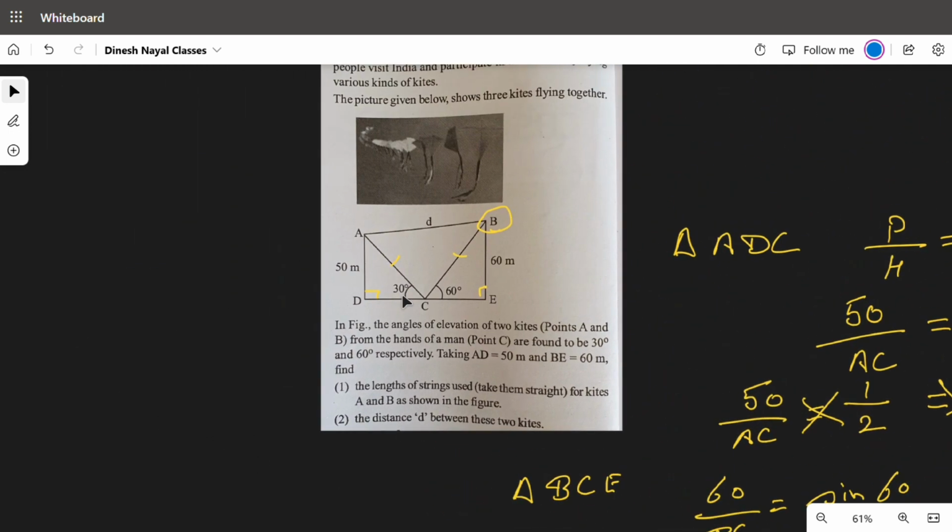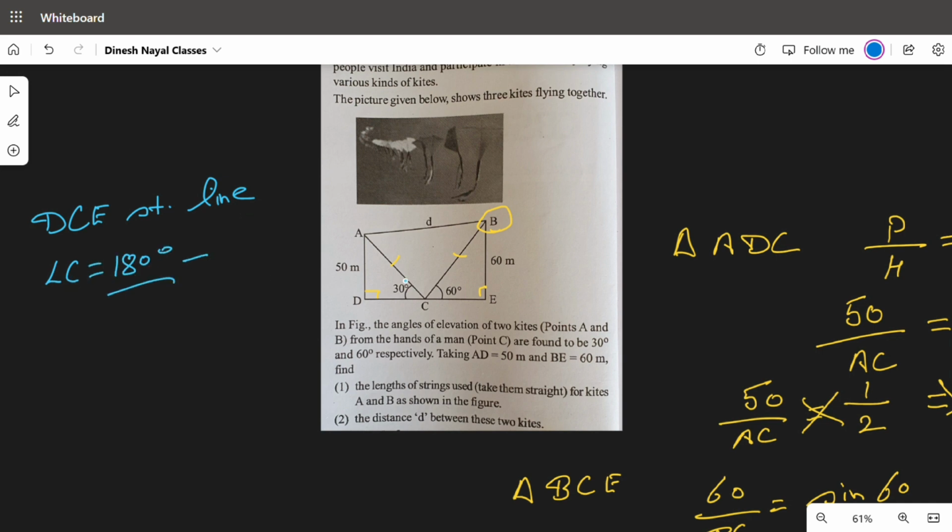Now, if we again go to this figure, you will see that DCE is a straight line. Straight line, so that means the total angle is 180. That means angle C is actually equal to 180 degree.